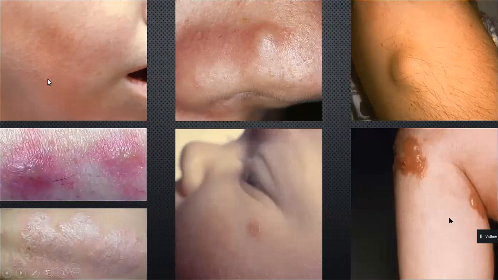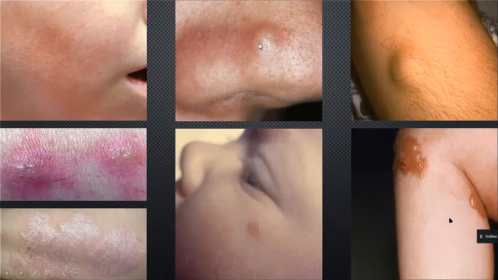So what is this, guys? Macule. So it's a change in color, no elevation. What about this? Papule. This one? Nodule.